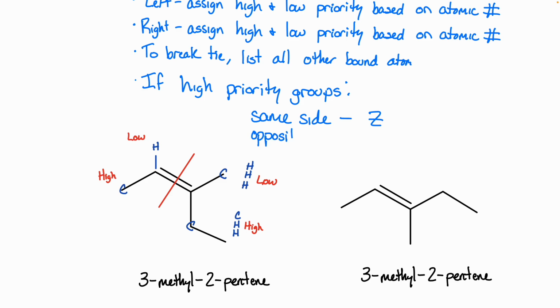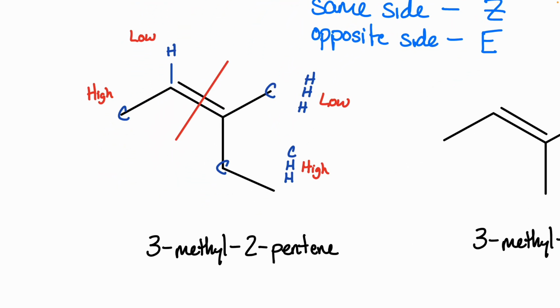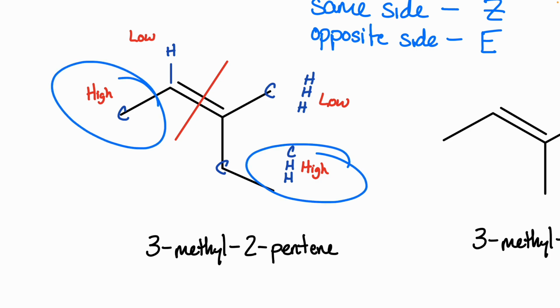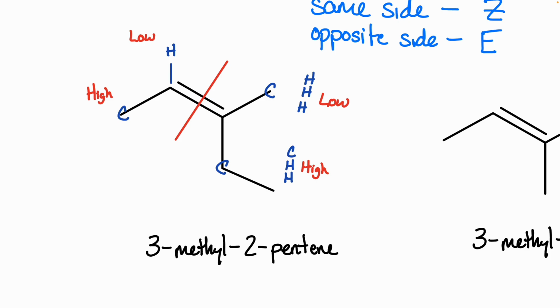If it's on the opposite side, that's the E stereochemistry. So looking here, which one would this one be, the E or the Z stereochemistry for this molecule? I got my high priority group pointed on the same side as my other high priority group. So this is the Z stereochemistry.